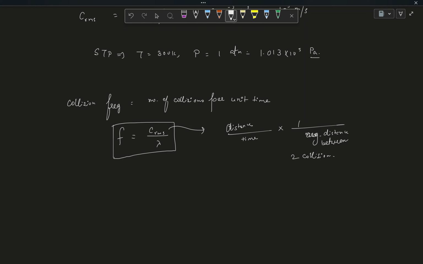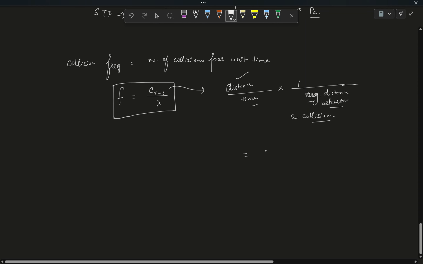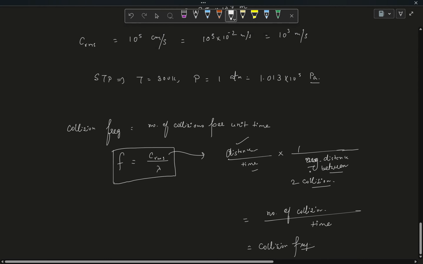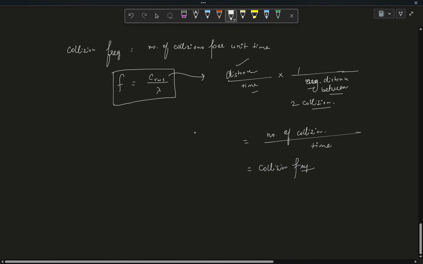If you divide the total distance traveled per unit time by the average distance between two successive collisions, you get the number of collisions to travel that distance, again per time. So basically you get the collision frequency, or how many collisions are happening per unit time. This is the definition. So you have F equal to CRMS by lambda.